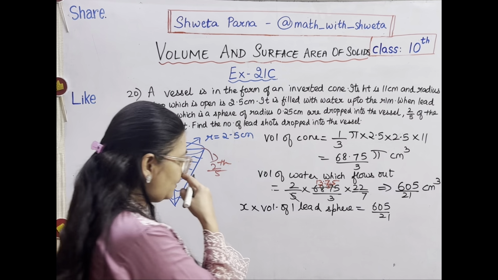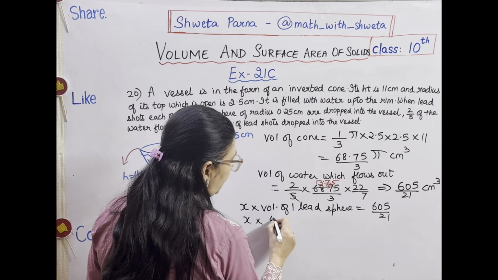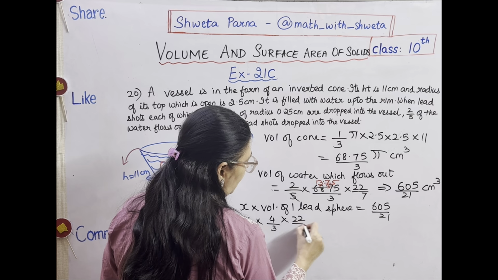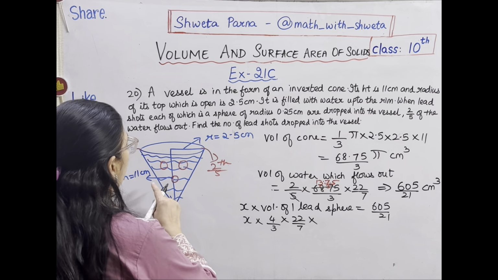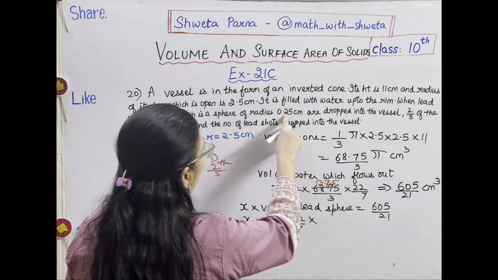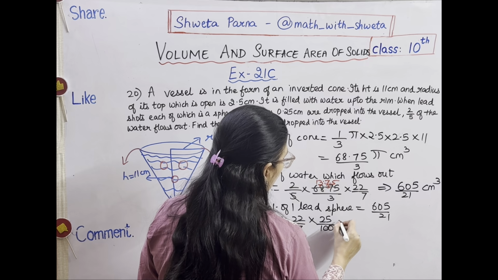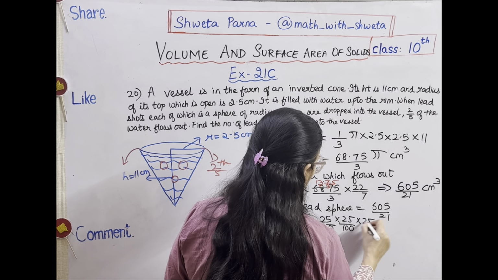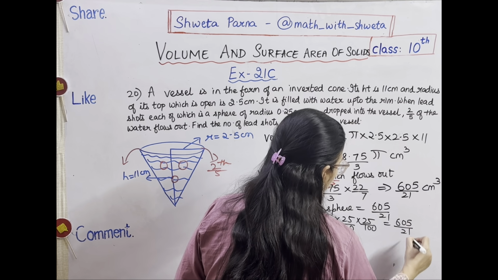What is the formula? 4/3 pi r cube. The radius of the lead shot is given as 0.25 centimeter, so 25 upon 100 cubed.